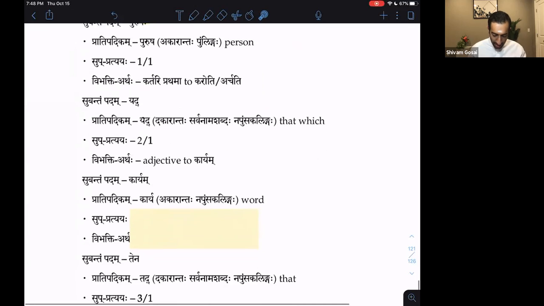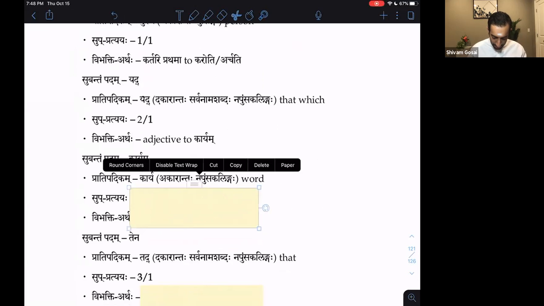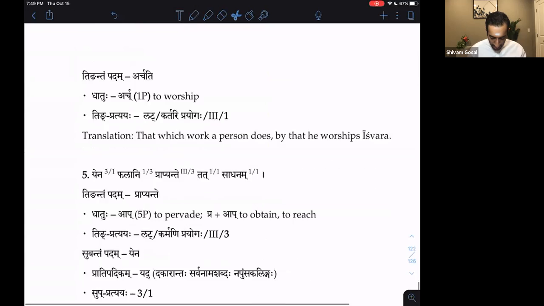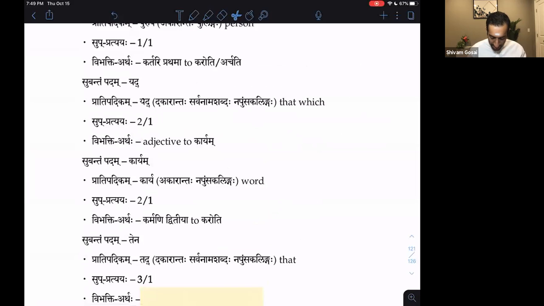Okay, now let's look at karyam. Karyam means karya, akaranta napumsakalinga, 2-1, karmani dvitiya to karoti. This says word, it should say work, W-O-R-K.